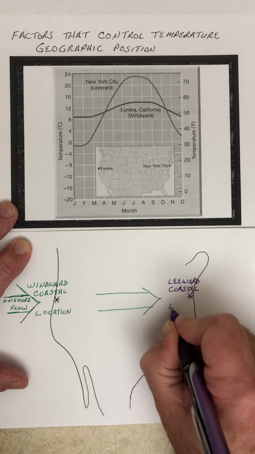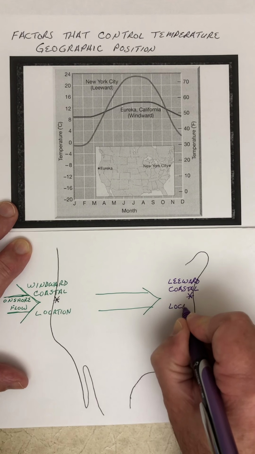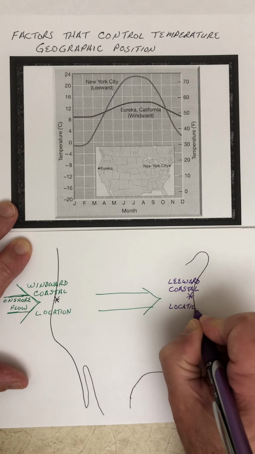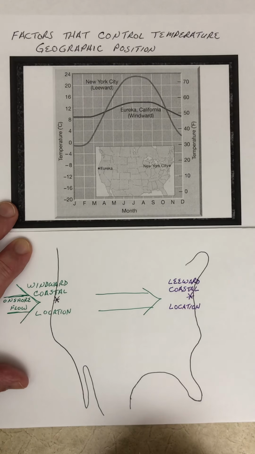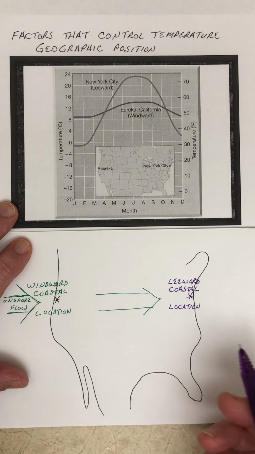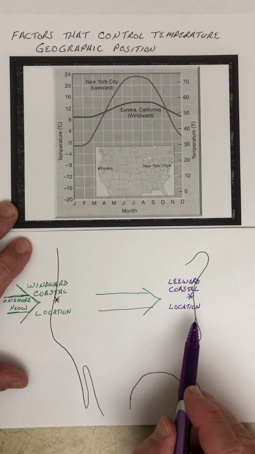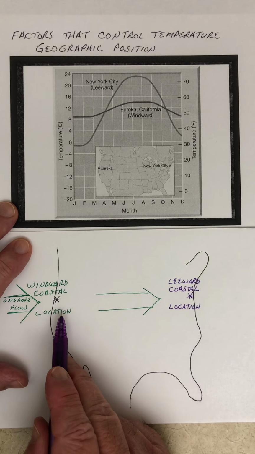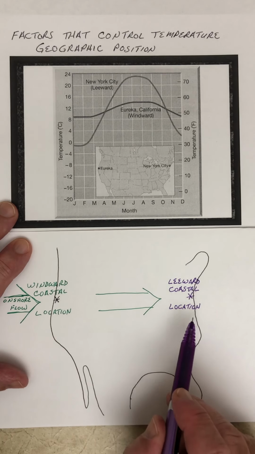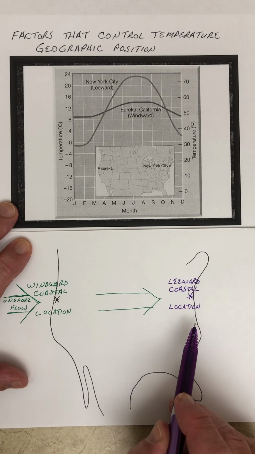It is on the coast, so you would think that the ocean would have some influence over it. In this particular case, it has a little bit of influence, but not nearly as much as a windward coastal location. You would think it would have a heck of a lot more influence than it does.